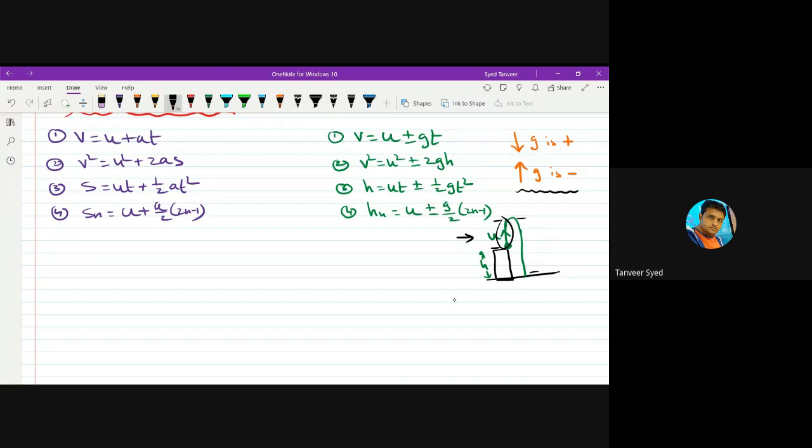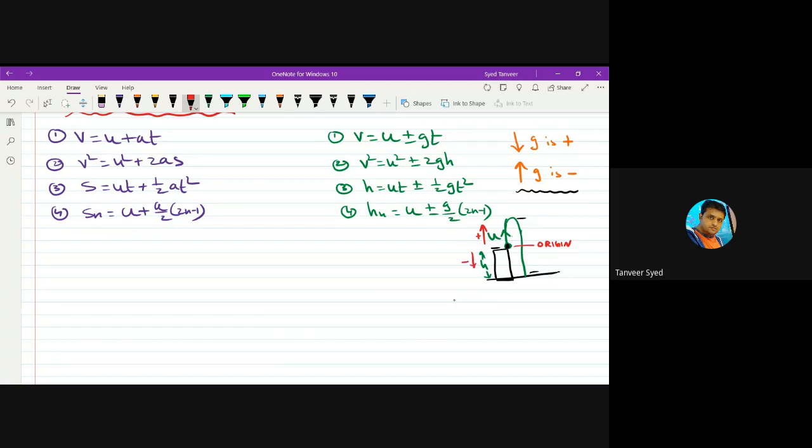In such situations, what we do is you take the point of projection as origin, and treat all values in upward direction as positive and all values in downward direction as negative.